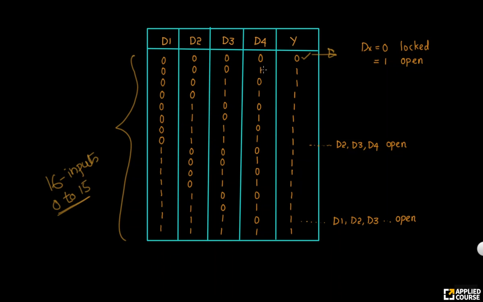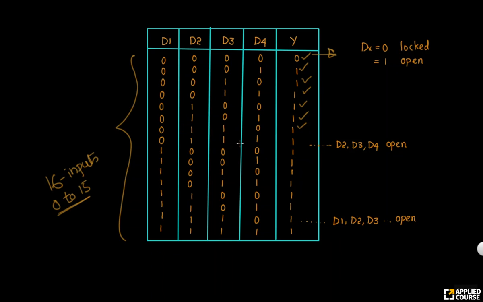If it is 0001, D1, D2, D3 are closed and door 4 is open, hence the alert is to be made. 0010, door 3 is open, alert is to be given. 0011, both the doors D3 and D4 are open, hence alert is to be given. 0100, second door is open and hence alert is to be given. 0101, door 2 as well as door 4 are open, alert is to be given. 0110, door 2 as well as door 3 are open, hence alert is to be given.